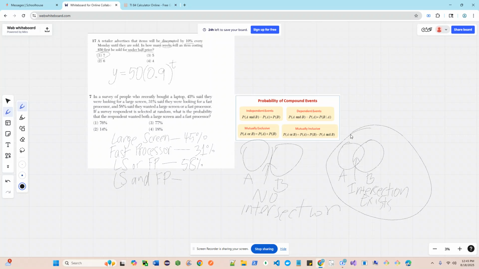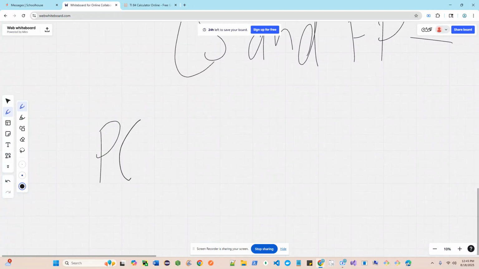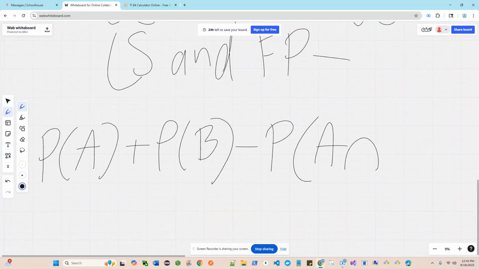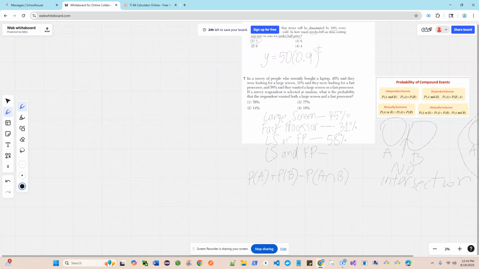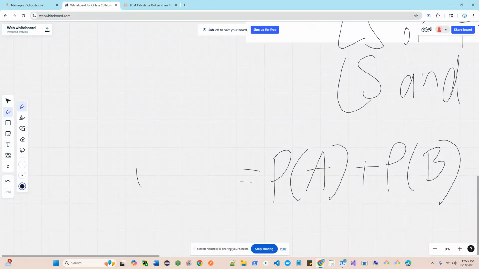All right, so let's write down the formula. Probability of event A plus probability of event B minus probability of event A and B. All right, and this equals probability of event A or B.